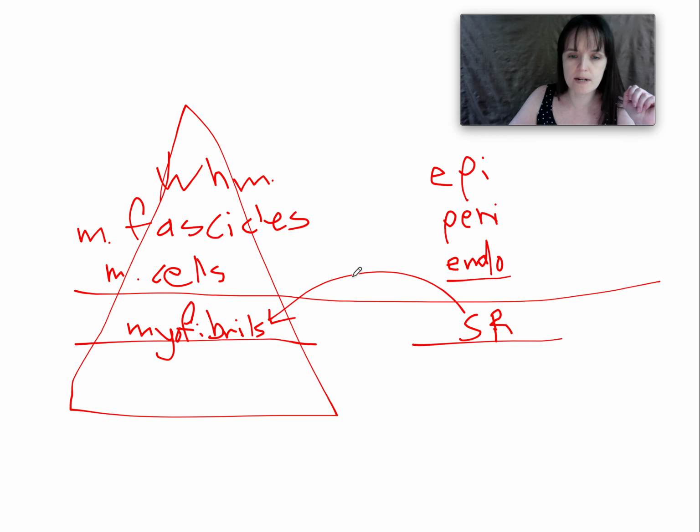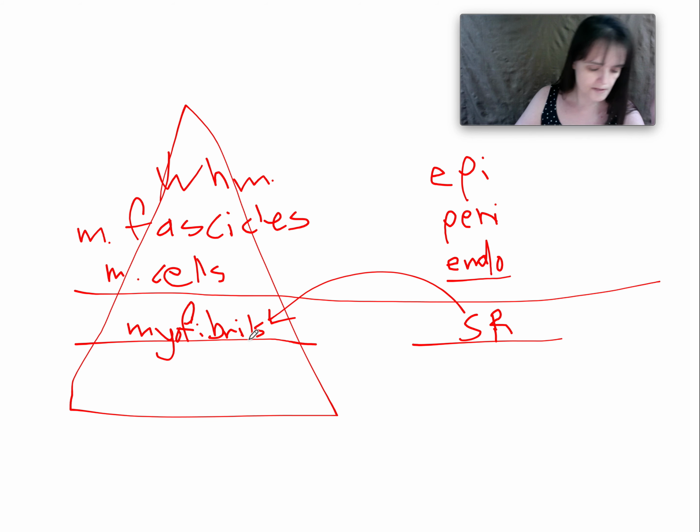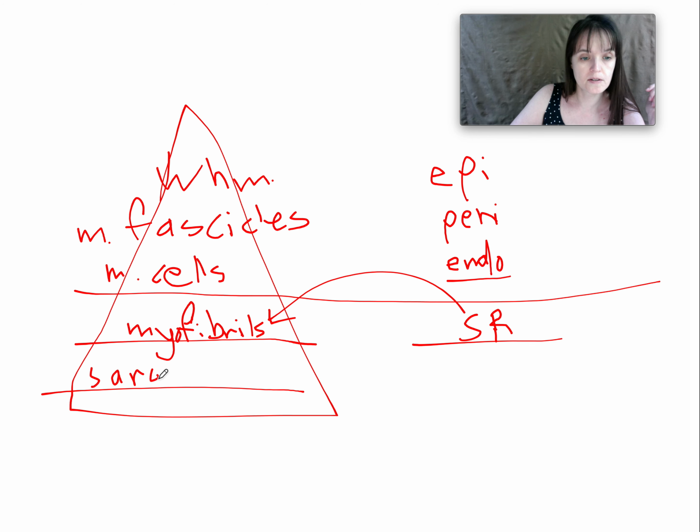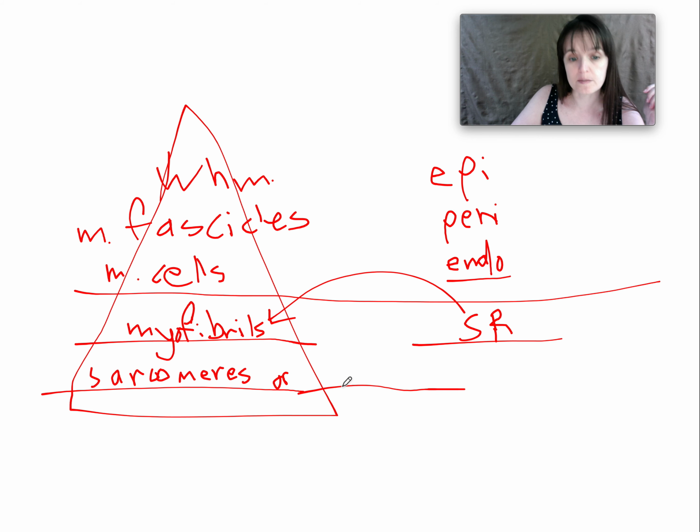Sarcoplasmic reticulum surrounds every single myofibril. And the myofibril, if you look at it, has parts. Those parts, you can either break down into sarcomeres, or the constituent myofilaments.